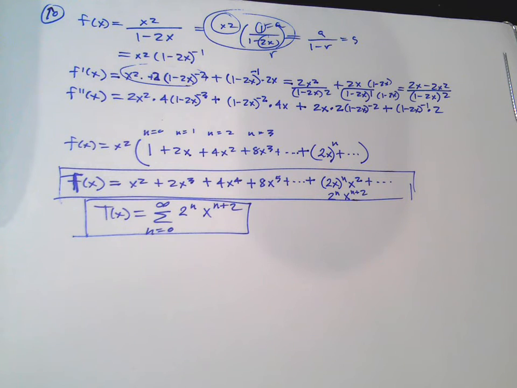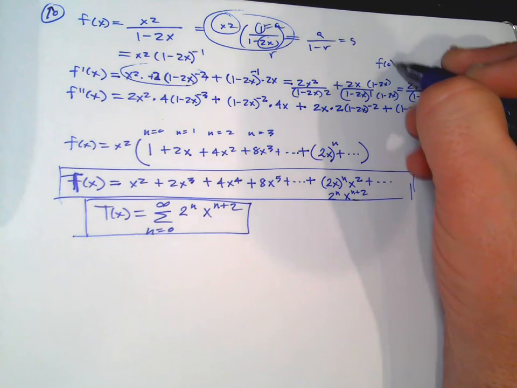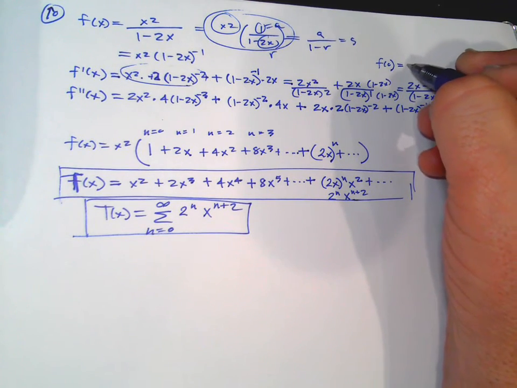Now, in my work, originally I tried to just do it the long way. And I guess I somehow made some progress in finding some of these derivatives. Up here, f is 0, if you plug 0 in, you get 0.